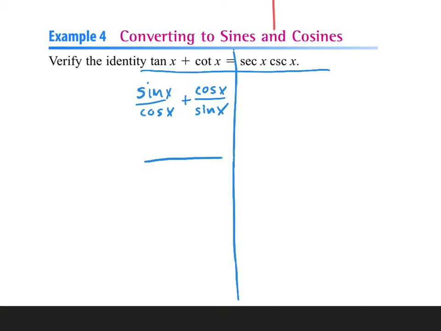Our goal is to get the denominator to be cosine x sine x. So on the one on the left, we need to multiply the top and the bottom by sine x. And on the right, we're going to multiply the top and the bottom by cosine x.